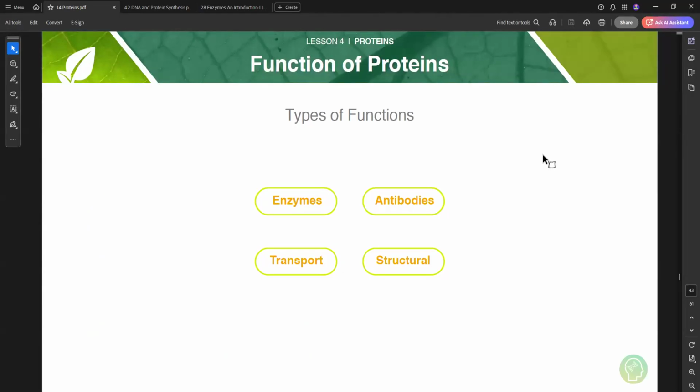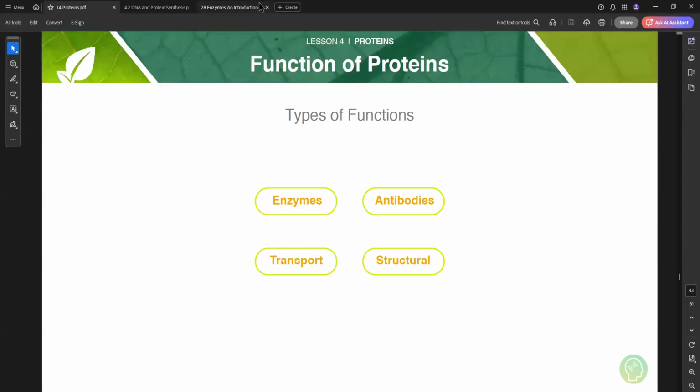Go ahead, Naomi. Like for enzymes, the shape of the active site for substrate to come in and be broken down or built up or something. Good. Tell me more. What more do you want to know?